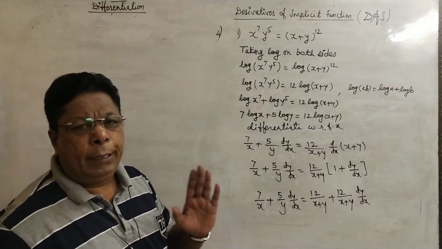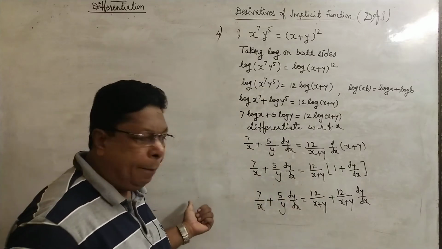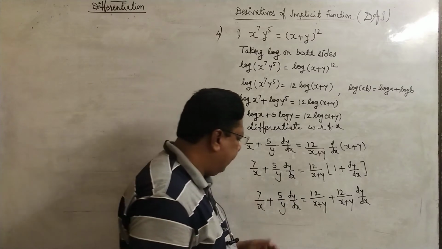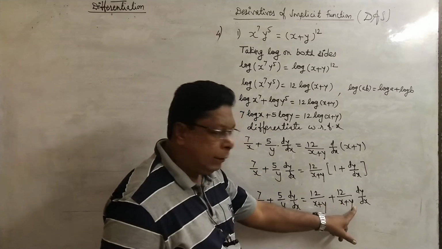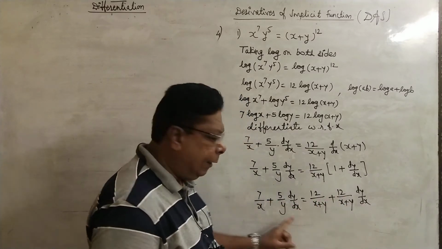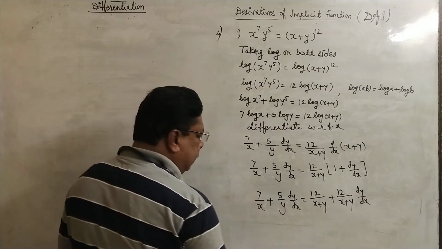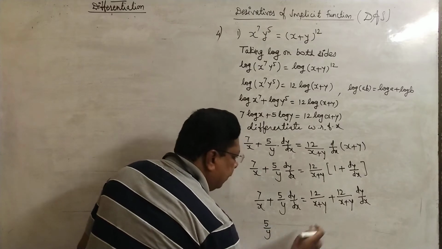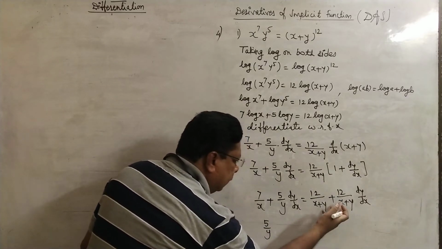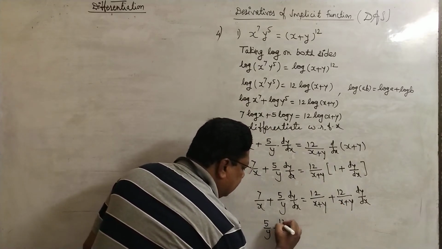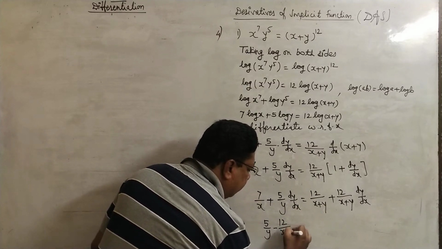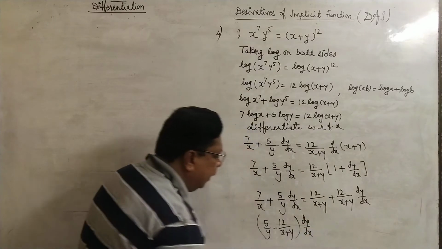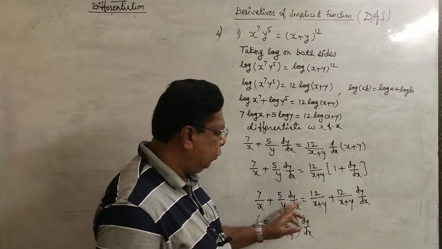What is the next step? Collect the terms of dy by dx together on the left hand side. Now this term and this term are the terms containing dy by dx. So here the first term is 5 upon y, plus this term becomes minus 12 upon x plus y, into dy by dx, taking dy by dx common from these two terms.